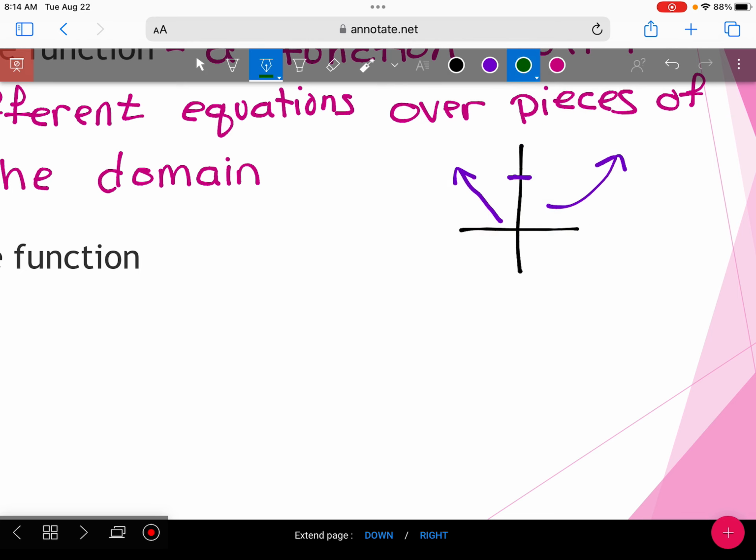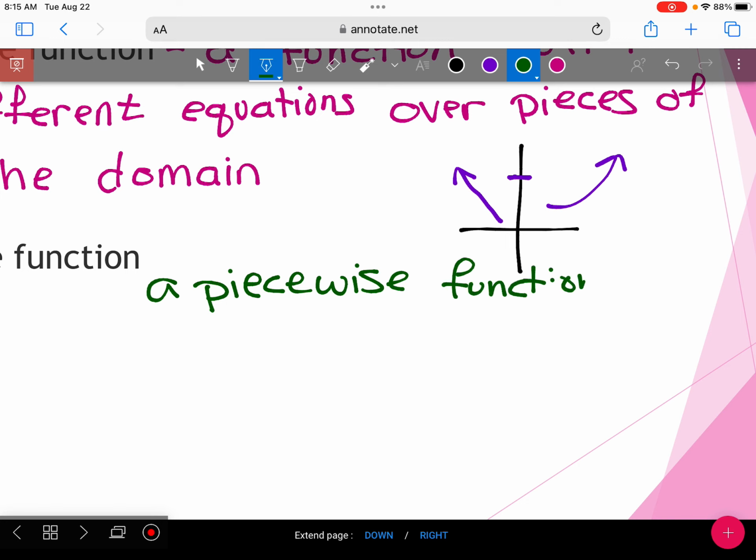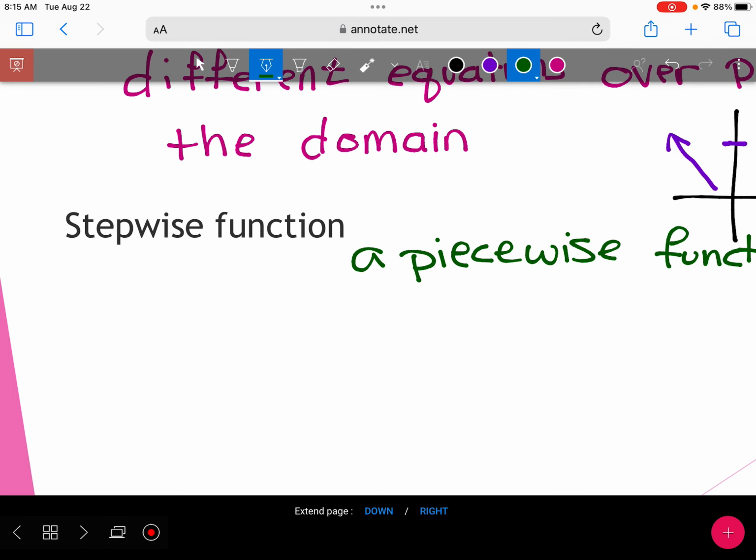A stepwise function is a piecewise function made only of horizontal segments.